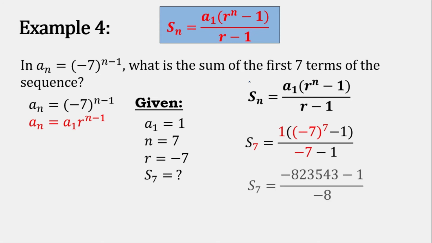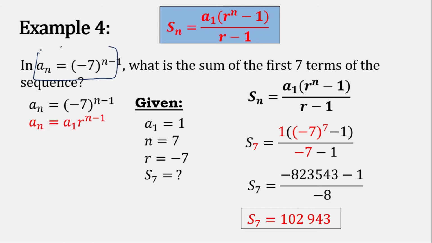Negative 7 raised to 7 would be negative 823,543, times 1, minus 1, divided by 8. So we have 102,943 as our final answer. So the sum of the first 7 terms of this geometric sequence is 102,943.